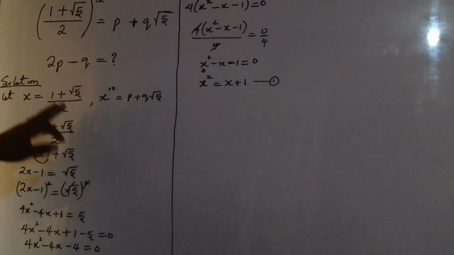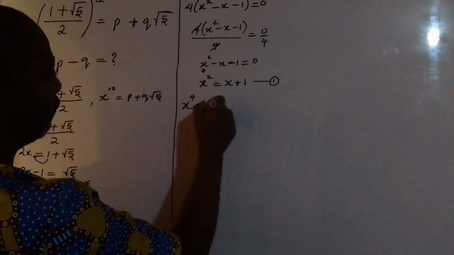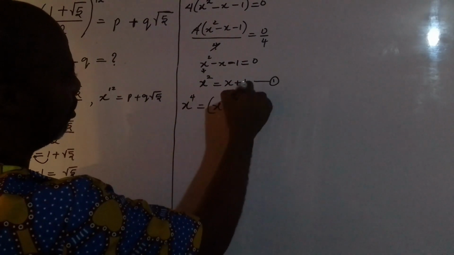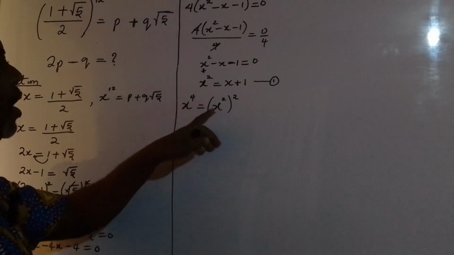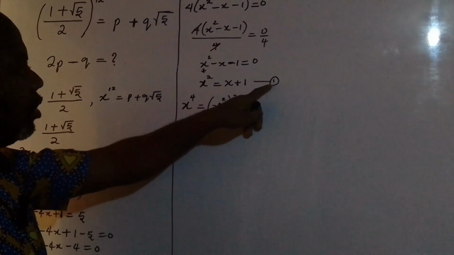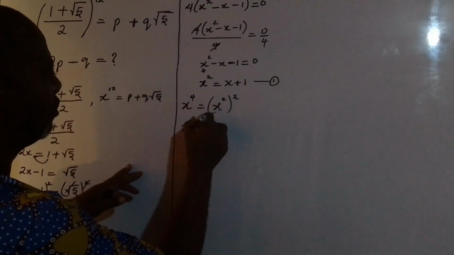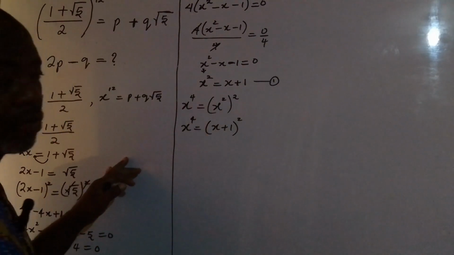So now let's find x^4. x^4 will give me (x^2)^2, because we know that 2 times 2 will give me 4. And then of course, from equation 1, x^2 is x + 1. So x^4 will actually be (x + 1)^2.